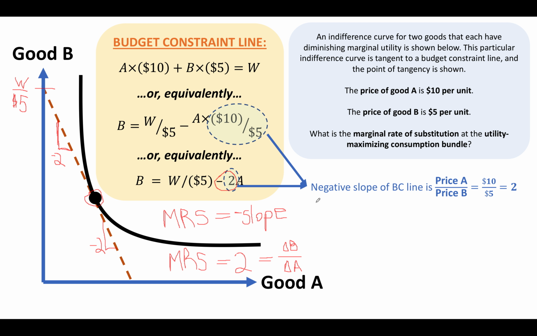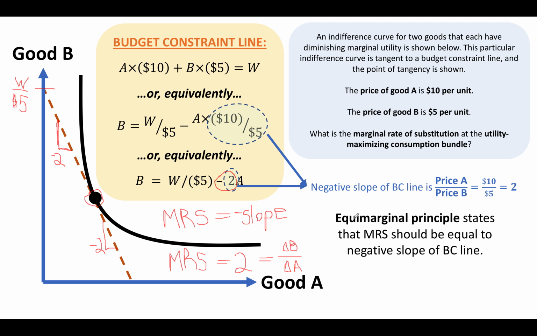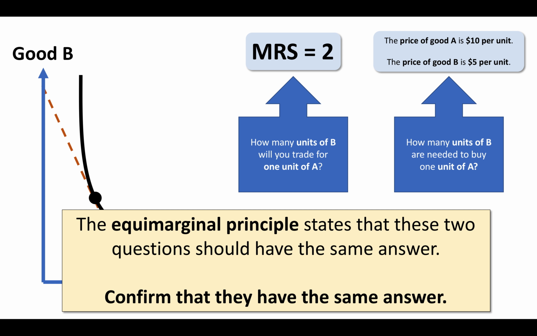All right, so now if I look at this, I'm just writing out on the slide exactly what I've written out here. There's my MRS equal to 2. The equimarginal principle states that these two things have to be the same, and so we're trying to figure out what we mean by the equimarginal principle. And so what do we mean by MRS is equal to 2? Well, MRS equal to 2, that's how many units of B I'm willing to trade for 1 unit of A, but then let's think about the prices here.